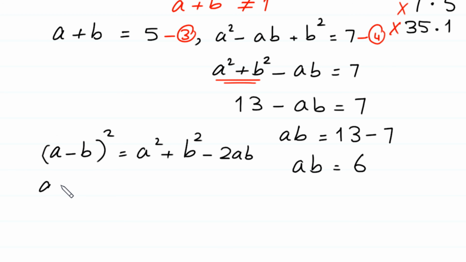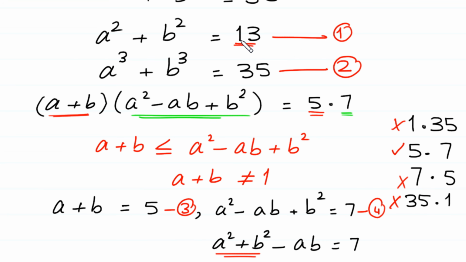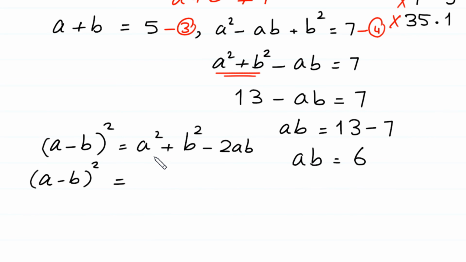Next, a minus b whole square is equal to, we put here the value of a square plus b square, 13 from equation 1. The value of a square plus b square is 13 minus 2 times, here we put the value of ab from here 6, 2 times 6.